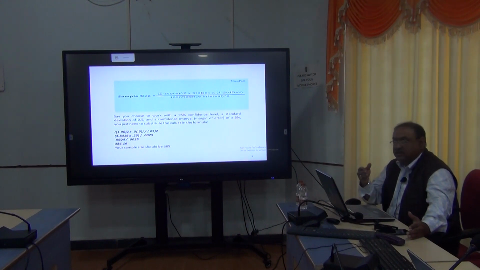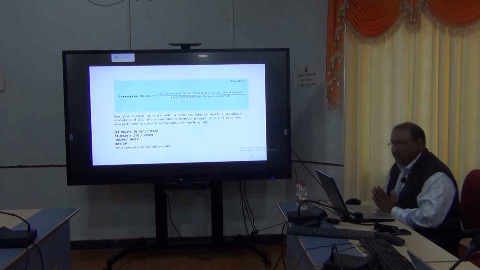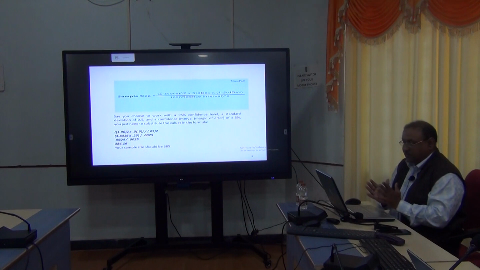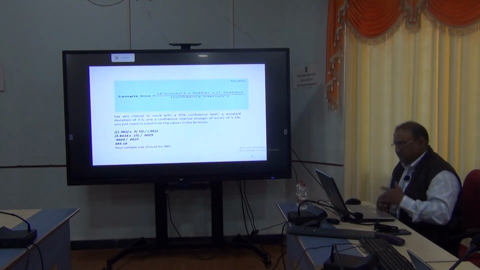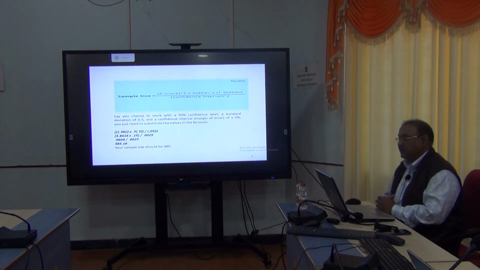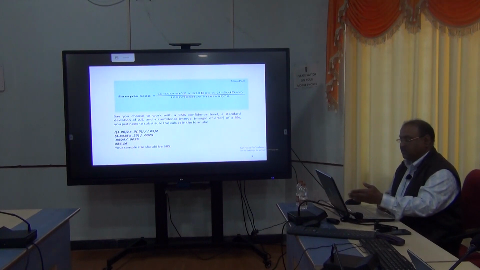There are n number of formulas you can get online, but those who are very confident in their understanding and have clarity of the issue, their universe of research, the strata in the universe, can go for this kind of simple formula to fix a sample size. Suppose I want my confidence level 95%, a standard deviation of 0.5, and a margin of error plus or minus 5%. Using this formula, you can get a sample size.